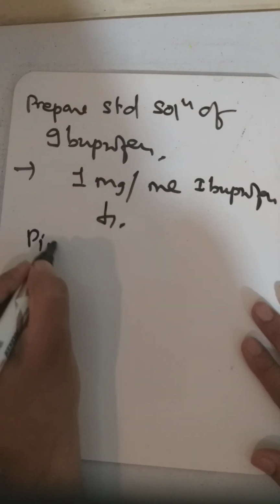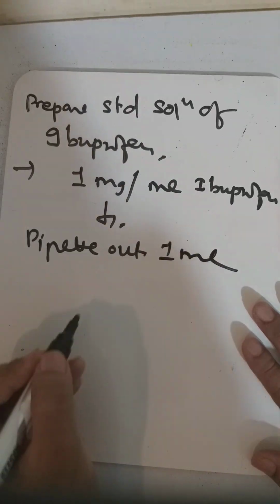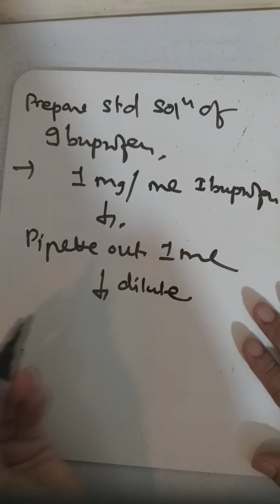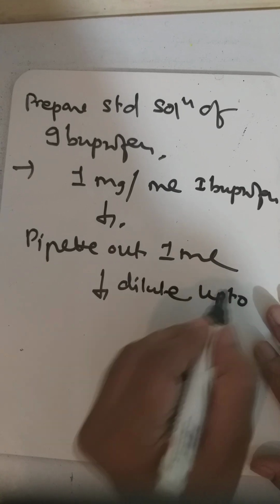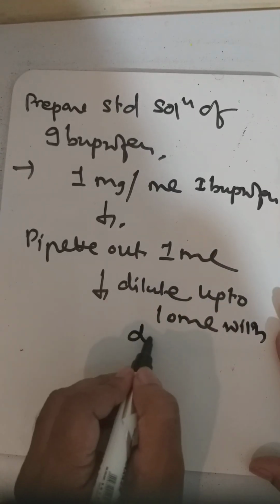From the above solution, what do you have to do? You have to pipette out 1 ml of solution, and then dilute up to 10 ml with distilled water.